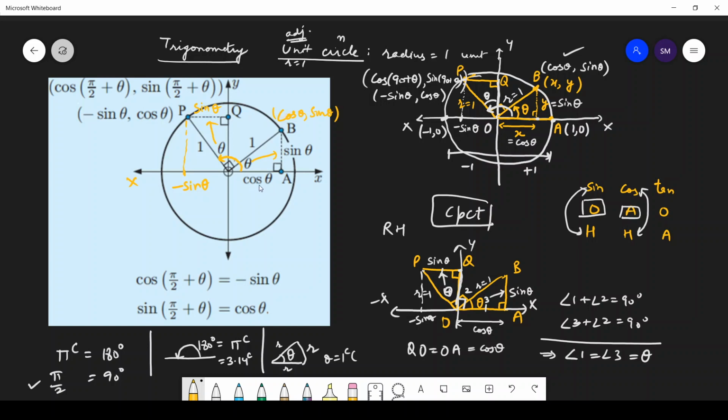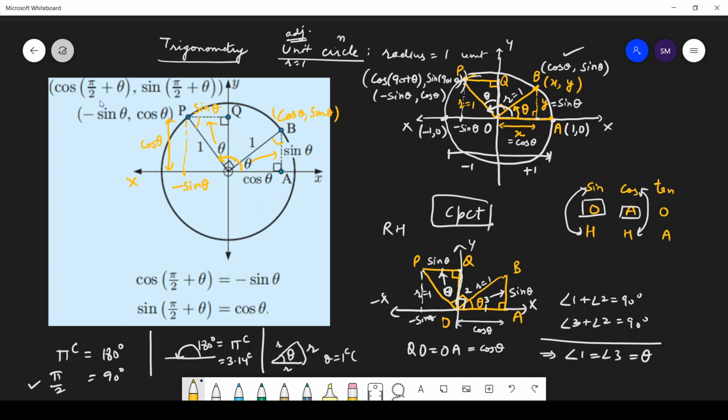And this remaining side cos theta is the adjacent side to theta. Of course these two angles are equal, this angle is equal to this angle, so the sides opposite to these two angles, this length will also be cos theta. So the coordinates that I get from here are minus sine theta and cos theta for this point.